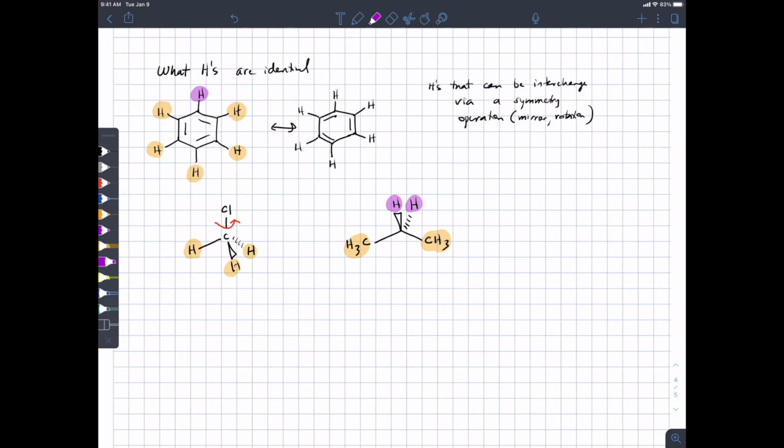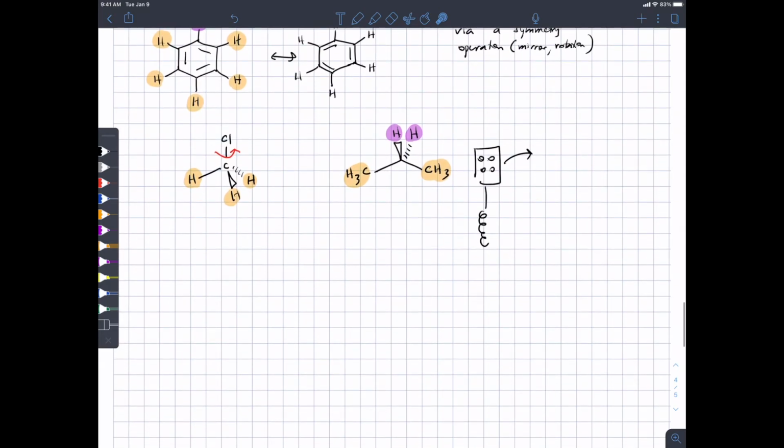Also the same, because you can interchange them by taking the molecule and pancake flipping it, right? The pancake flip is useful. Doing that would show you that these two are the same and these two are the same. Similarly, the board itself is a mirror plane that would reflect the proton on top with the proton on the bottom. Okay, so in some cases, CH2 protons are identical to each other.